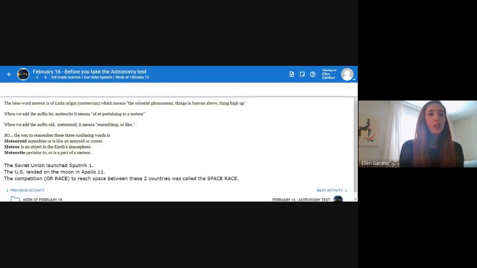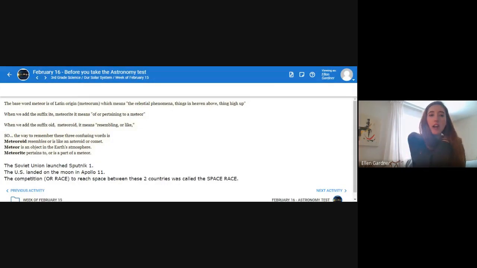Okay, so part of your assignment today includes this little tip that says, the Latin origin for meteor is meteorum, which means the celestial phenomena, things in heaven above, things high up. Now, when this suffix "ite" is added, meteorite means like a meteor, of or resembling a meteor. Okay.